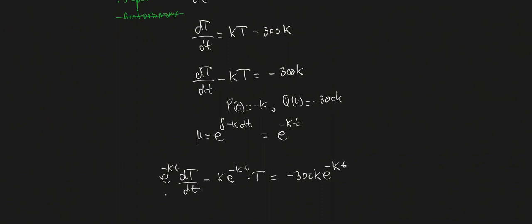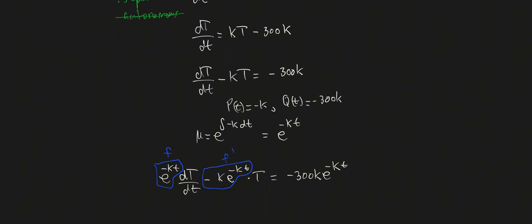All right, so that's what we have, and let's look carefully to see if we have our pattern for reversing the product rule. There's my e to the negative kt, and look over here, I have its derivative, based on the chain rule. That's why I have that negative k multiplying the exponential. So if this is my f, then this is my f prime, and then I can see what's left.